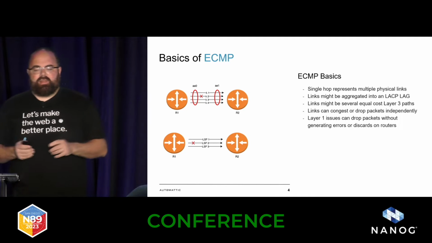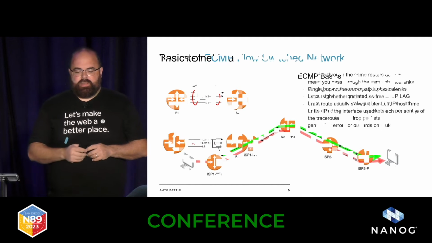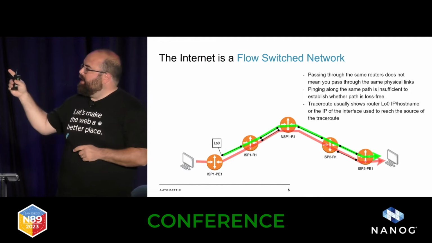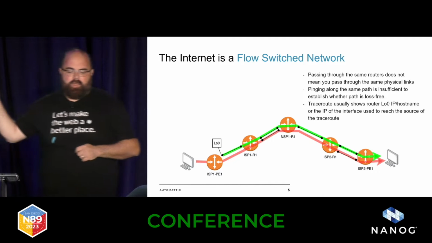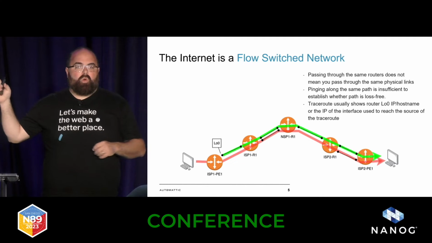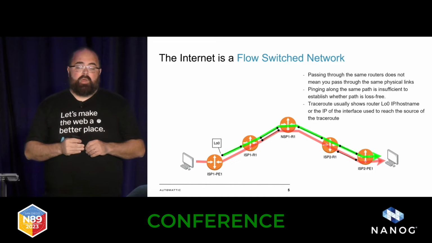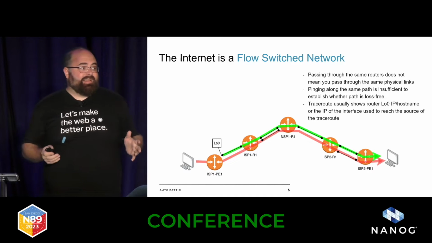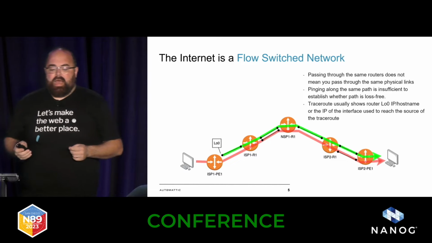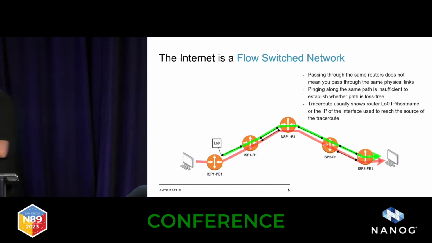And it leads to my next point, which is the internet is a flow switch network. In order to keep TCP and the OS ring buffers happy, per packet load balancing is basically never used on the internet.